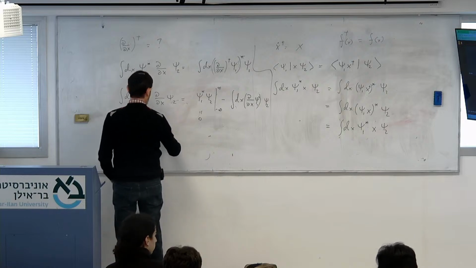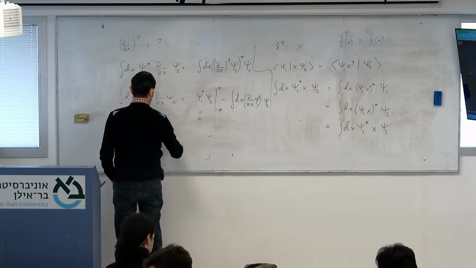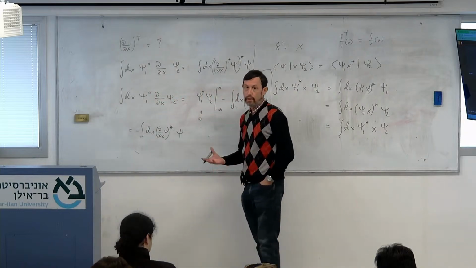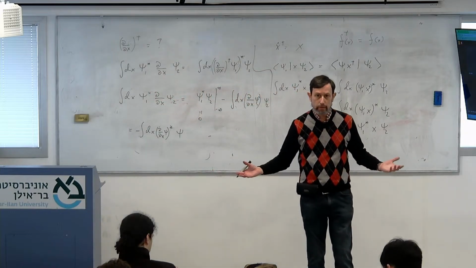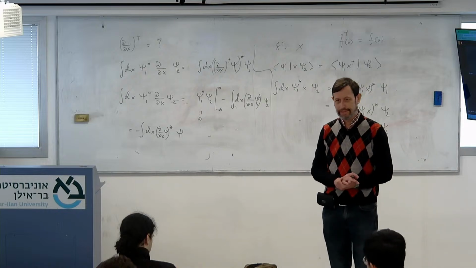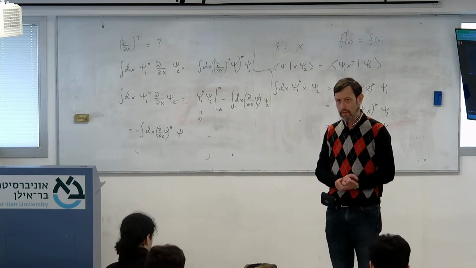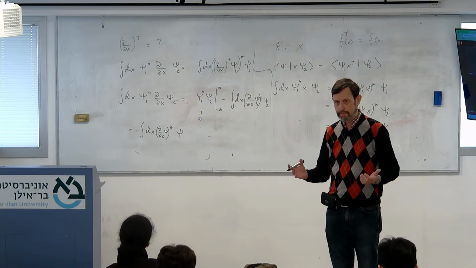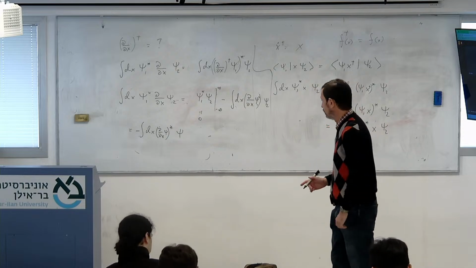So it's the negative of the one above, right? Because d/dx has no imaginary part, so you can put it within the complex conjugate, within the complex operator.